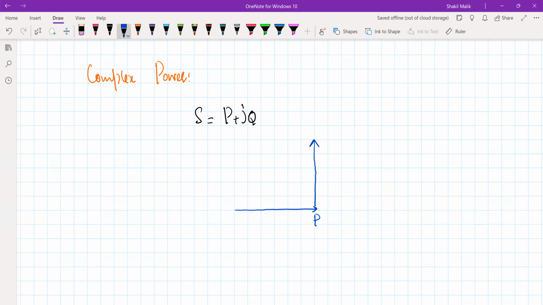So this is the magnitude of P, this is the magnitude of Q. Then if we add them vectorially, we know from vector algebra, we'll get S. And this angle is theta V minus theta I, or simply theta, where theta is the phase difference between voltage and current.